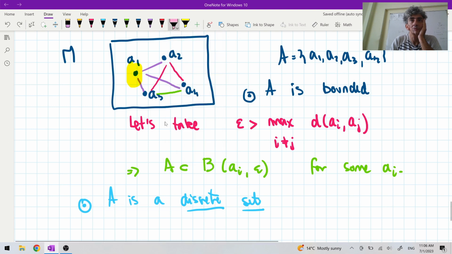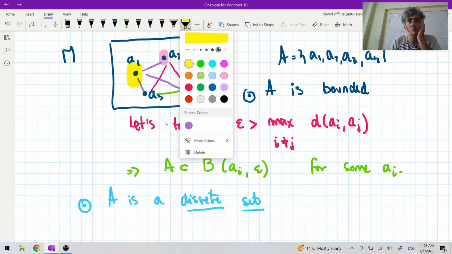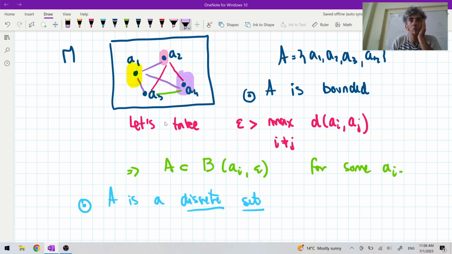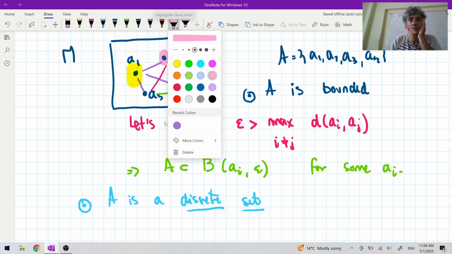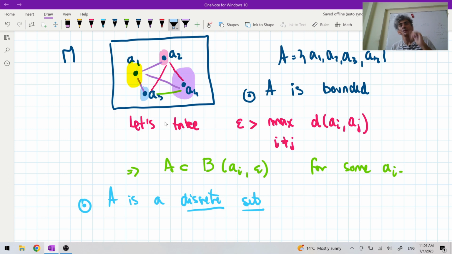Around each of its points, we can find a ball that contains just its center.